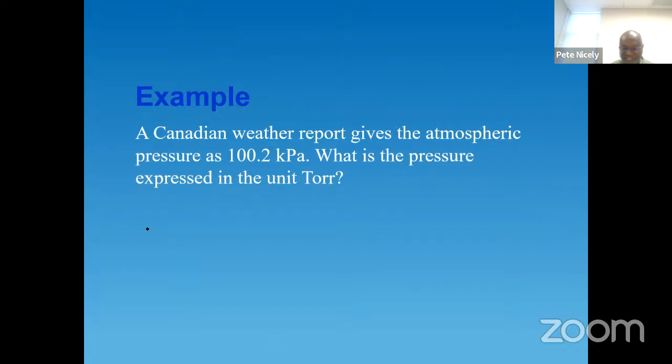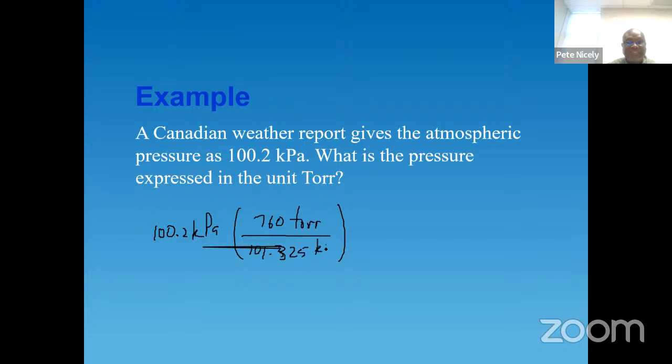We're going to start off with 100.2 kilopascals, and we have to multiply by the appropriate conversion factor, where 760 torr is equal to 101.325 kilopascals. That's a relationship.